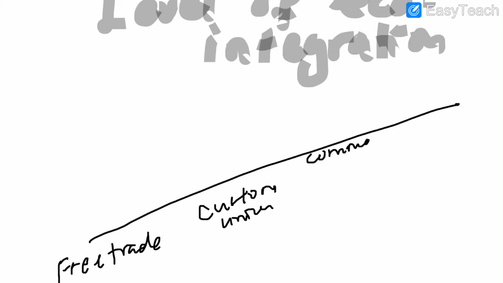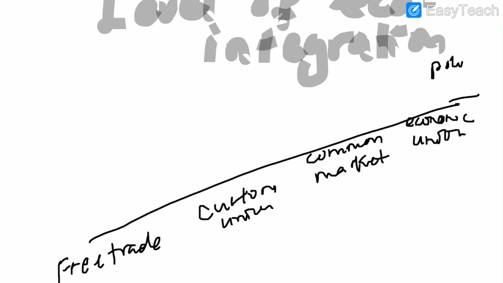From the lowest level, we have free trade, then customs union, common market, economic union, and the highest is political union.